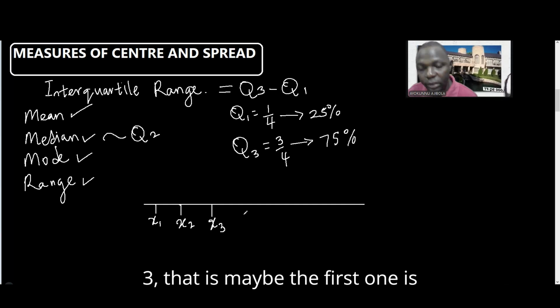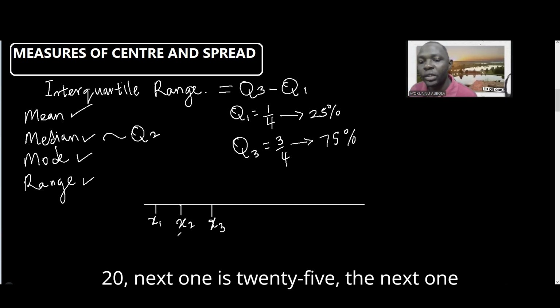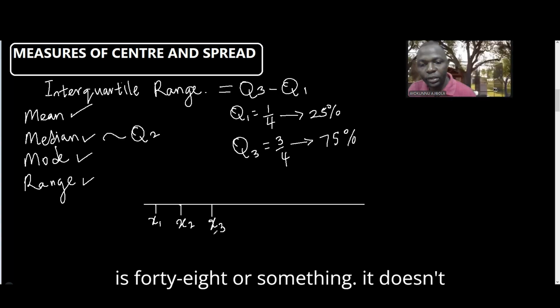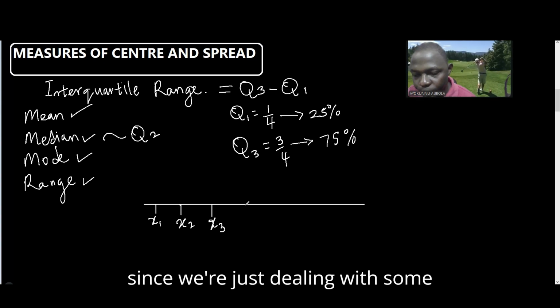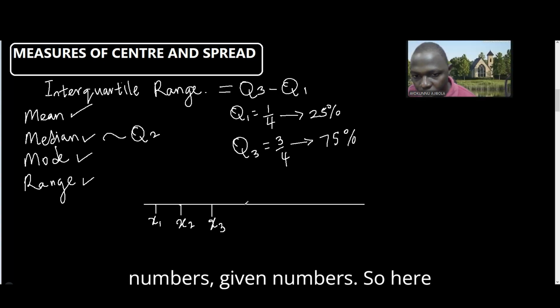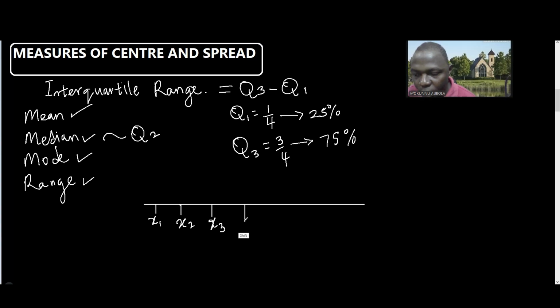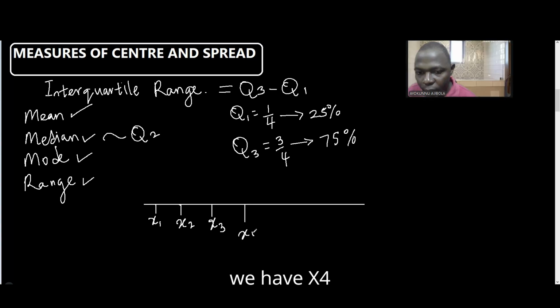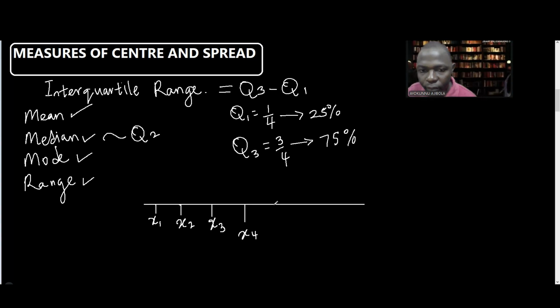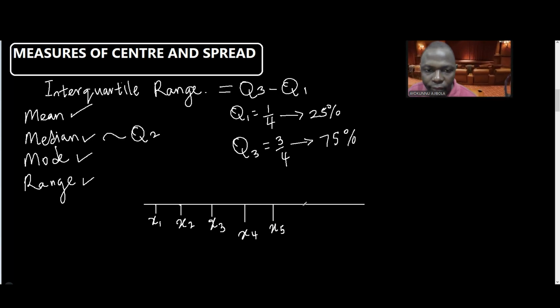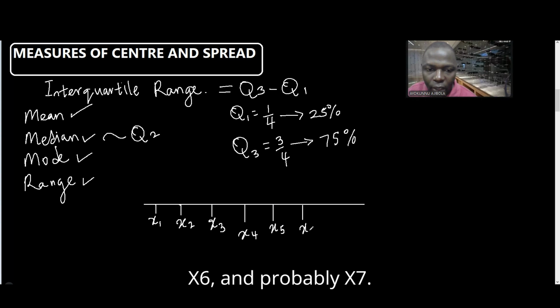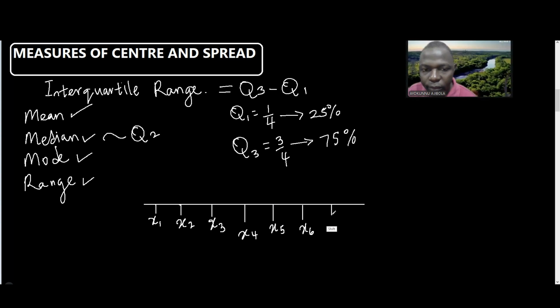Maybe the first one is 20, the next one is 25, the next one is 48 or something. It doesn't have to have a regular pattern, since we're just dealing with given numbers. So here we have x4, here I have x5, x6, and probably x7. Maybe there are 7 numbers, okay?